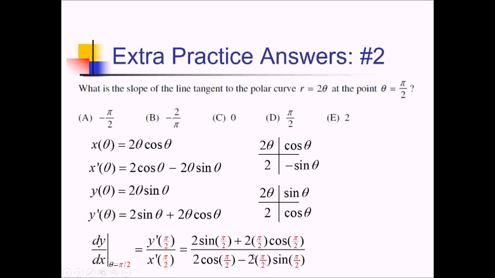And at this point now, I actually have to simplify it to get an answer choice. Sine of pi over 2 is going to be 1, so this is just 2 up there. And the rest of this craziness, cosine of pi over 2 is 0, so that zeroes out that whole second term. So we just have 2 in the numerator. So 2, and again, this is going to be plus 0.